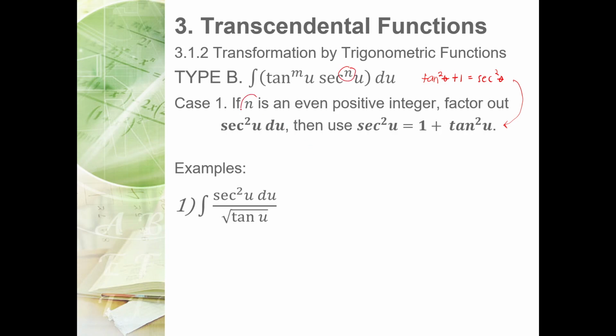So if n is even and a positive integer, we need to factor out secant squared u du, and then use the corresponding formula for secant squared, which is this one.